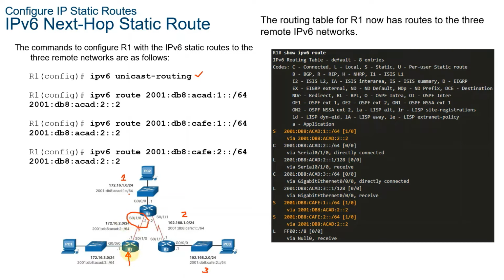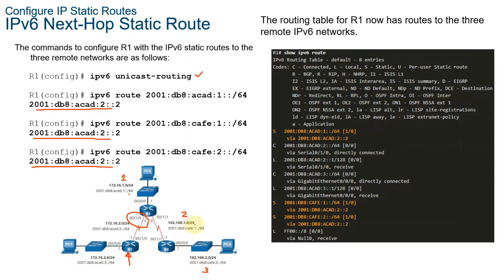Therefore, from R1 to reach 172.16.1.0/24 equivalent, we need to pass through 2001:DB8:ACAD:2::2. If you observe, that is common to all the remote networks. We need to pass through this to reach remote networks 1, 2, and 3.